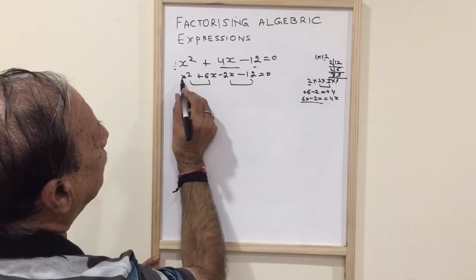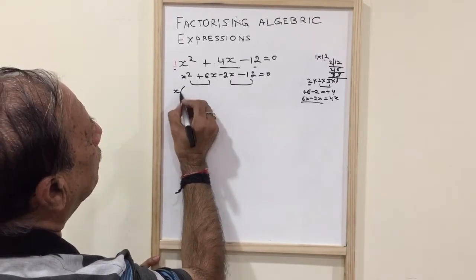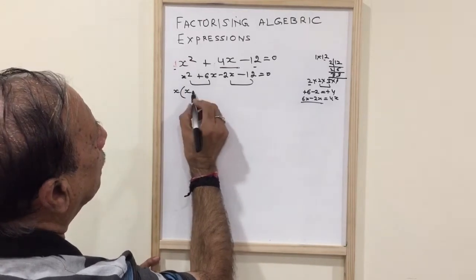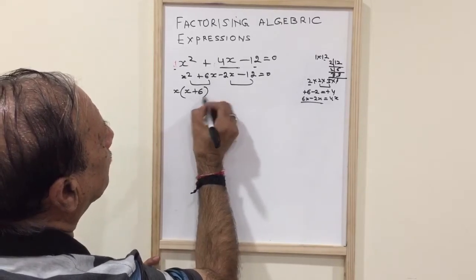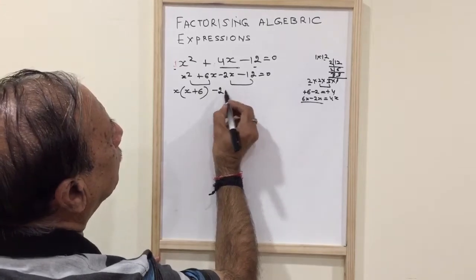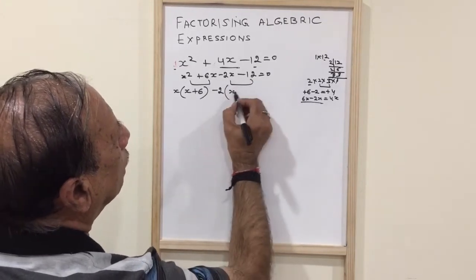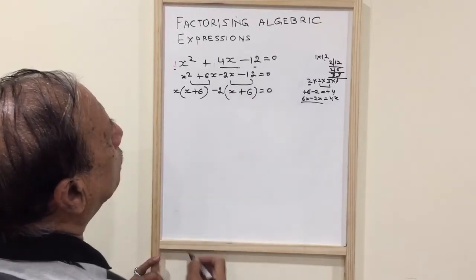From the first pair we can see x is common in both, so we'll take x outside. We are left with x, and from 6x we are left with 6 only. And with this pair we can take out 2 outside, so we are left with x plus 6 is equal to 0.